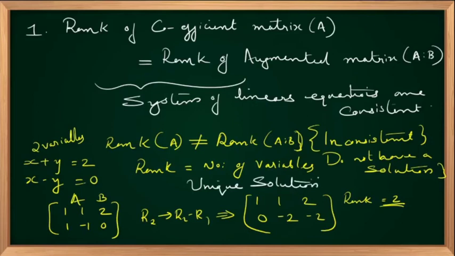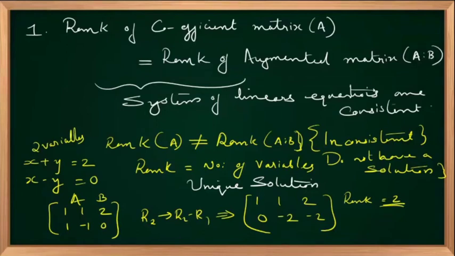Okay. So what are the three conditions which we have learned now? Rank of coefficient matrix equal to rank of augmented matrix is a must for any system of linear equations to be consistent. If it is consistent, it means there is a solution, right? Now we need to know how many solutions there are, whether only one particular solution or more than one.